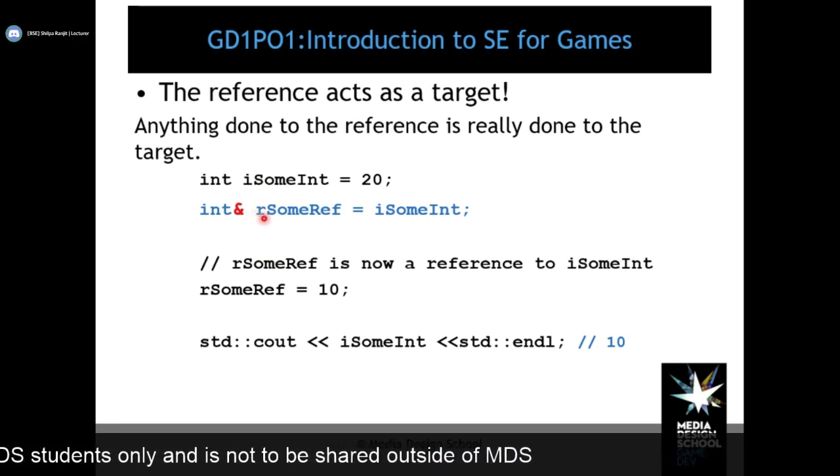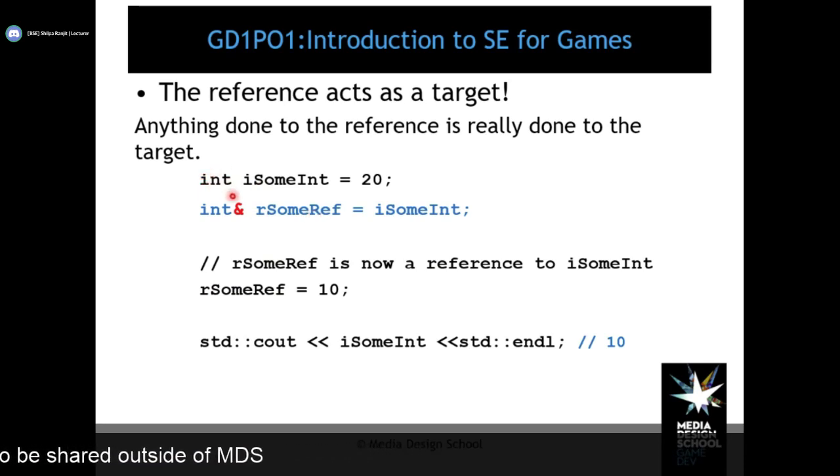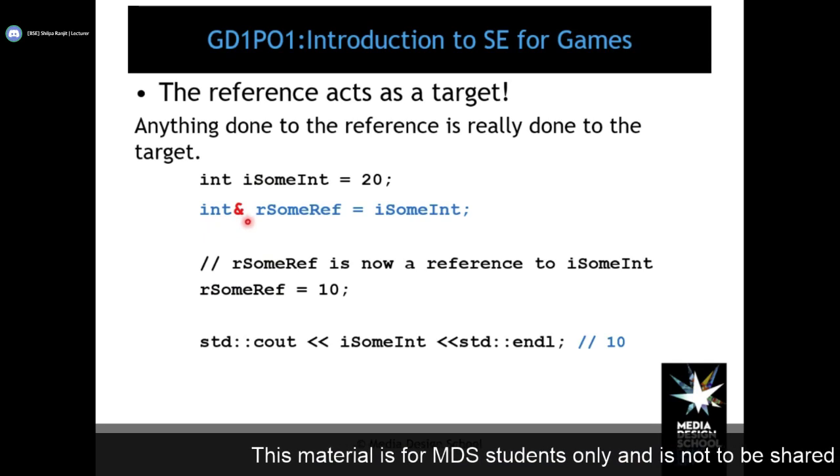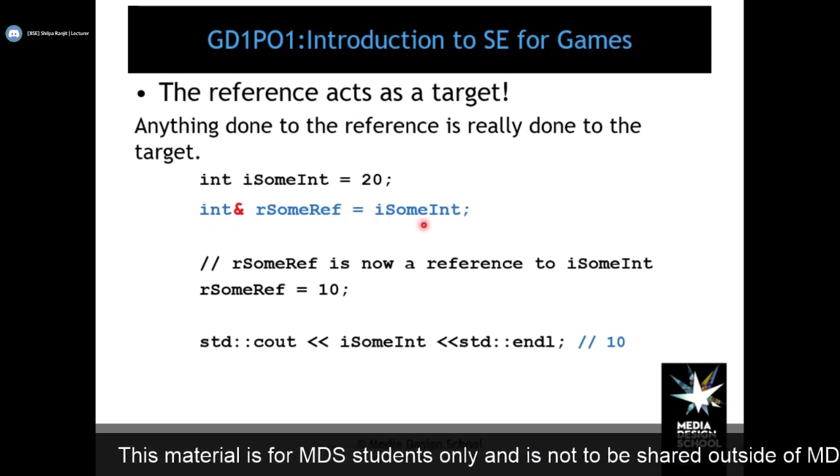All right. Now, since I want this reference variable to refer to an integer variable, my declaration will be int ampersand. If I wanted the reference to be created to a character variable, it would be char ampersand. All right. So it is int ampersand rsumref is equal to isumInt.